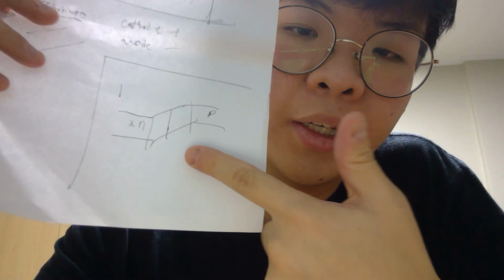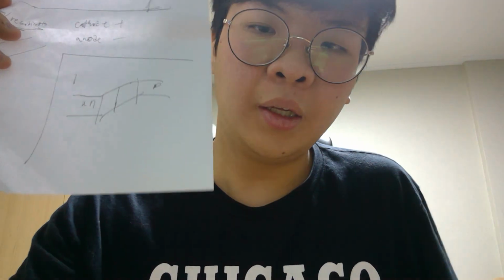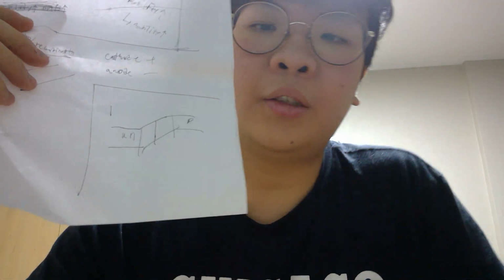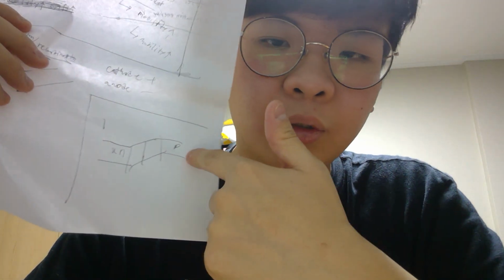So if we have pictures like here, and there is no bias, there will be no current, because there are no energies that connect to currents.